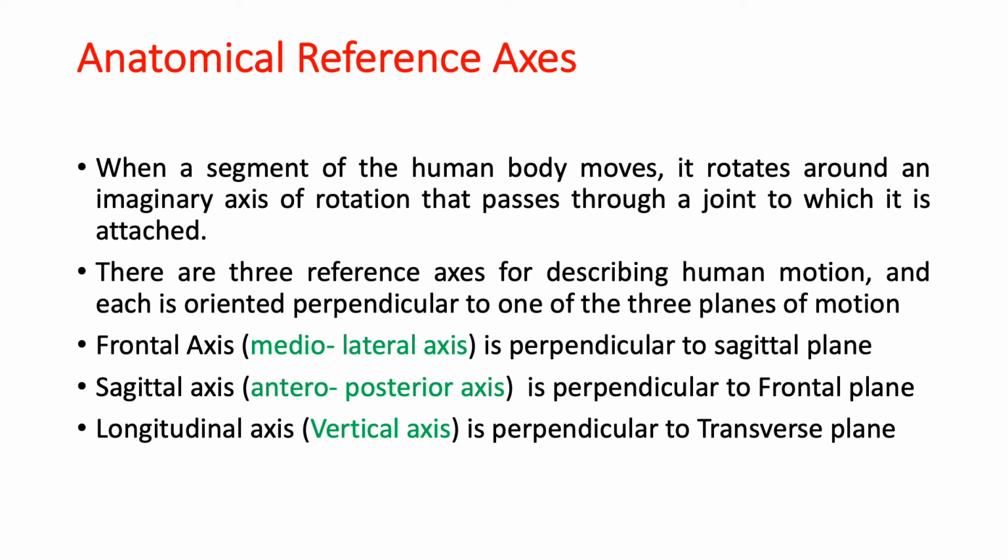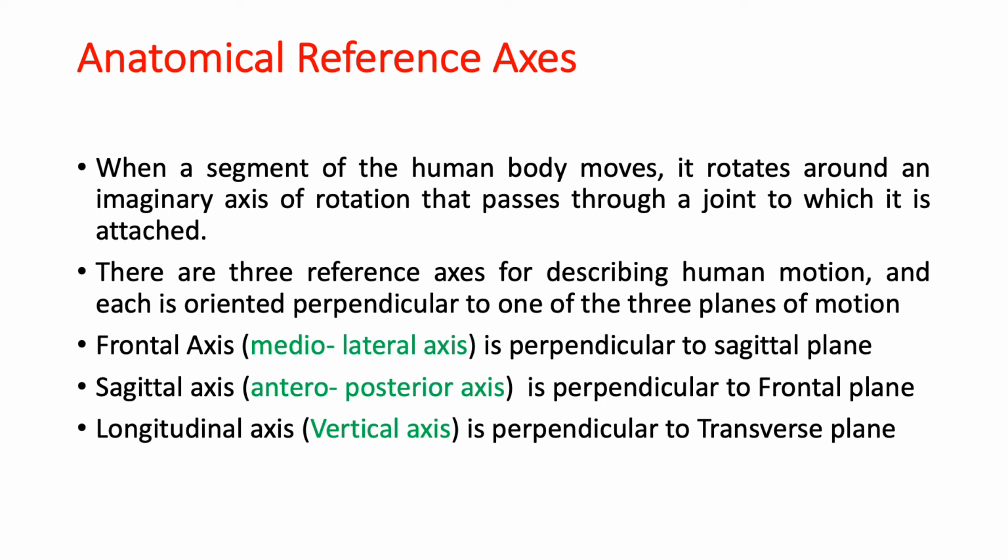So these are vice versa. Once you know what the sagittal plane is, just remember that the sagittal plane divides the body into left and right. Now in the sagittal plane, if you insert a line right in the center, that line will be in the frontal direction.